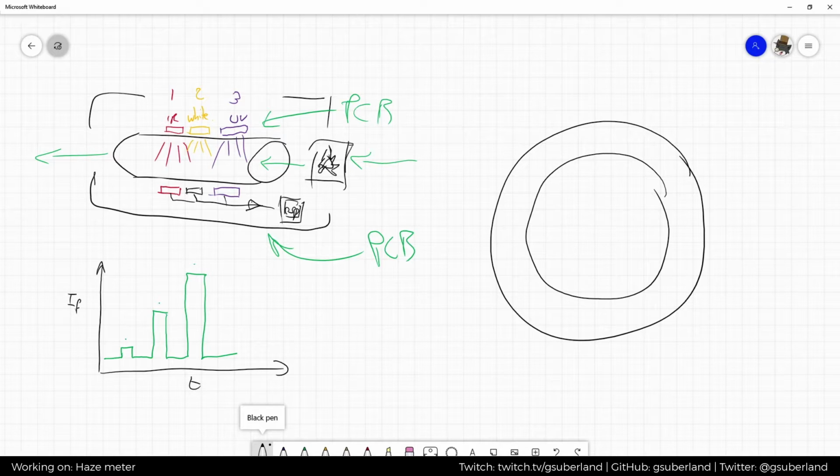The light can go anywhere. Basically, what I'm doing is shining a light through to a receiver. So basically, the foggy air goes through the center of the tube, and then the light is just basically going through.